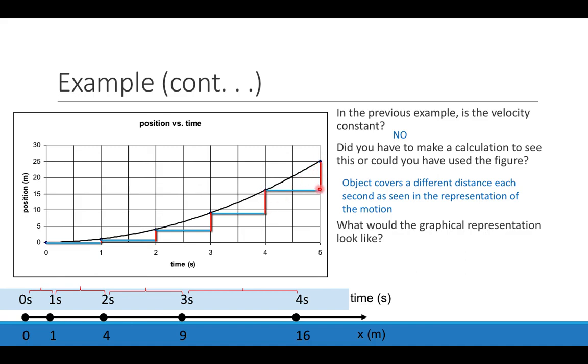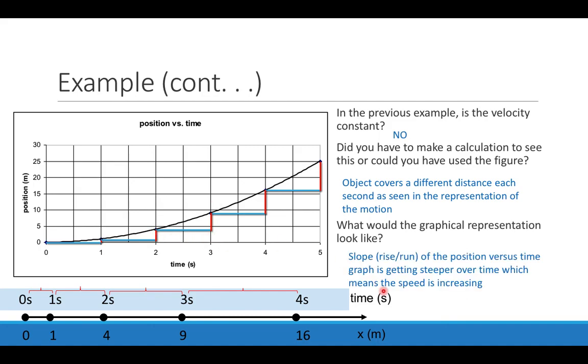And each one of these rises represents the distance, or the displacement, covered over these 1 second time intervals. So the slope of this graph is increasing. The rise over the run is getting bigger and bigger over these time intervals. So the slope of the position versus time graph is getting steeper over time, which means the speed is increasing, or in this particular case we could say the velocity is increasing.